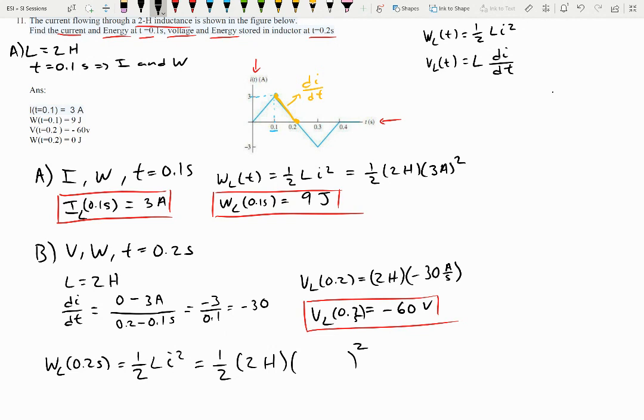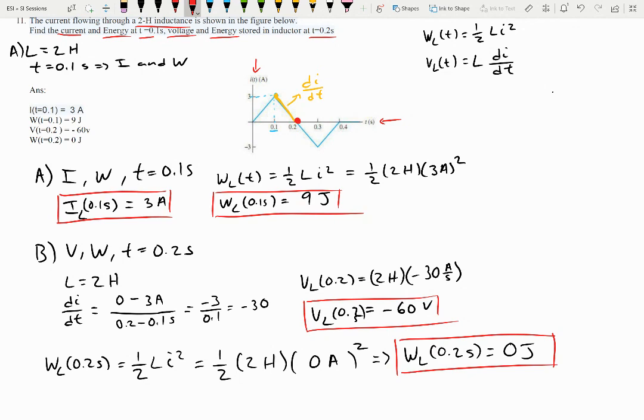Now our I, if we look right here at 0.2 seconds, we see that value is 0 amps. So therefore, W of L at 0.2 seconds is equal to 0 joules. And that matches up with everything we have over here.